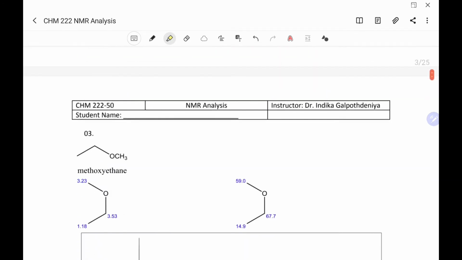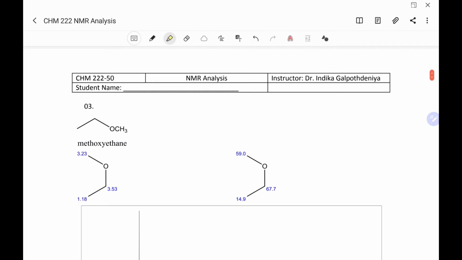Let's do one more. In here I have methoxyethane as the molecule. Let's draw the condensed structure. So you have CH3, CH2, O, CH3.